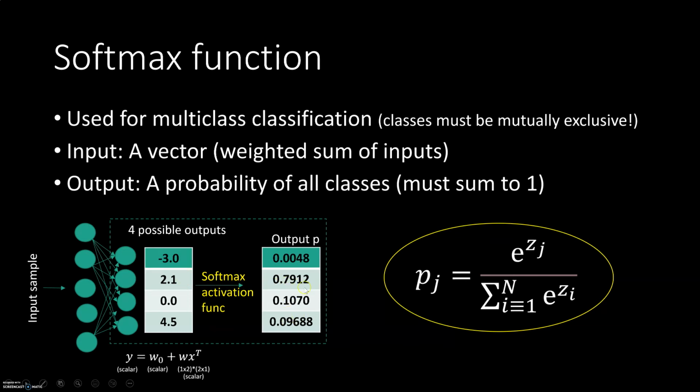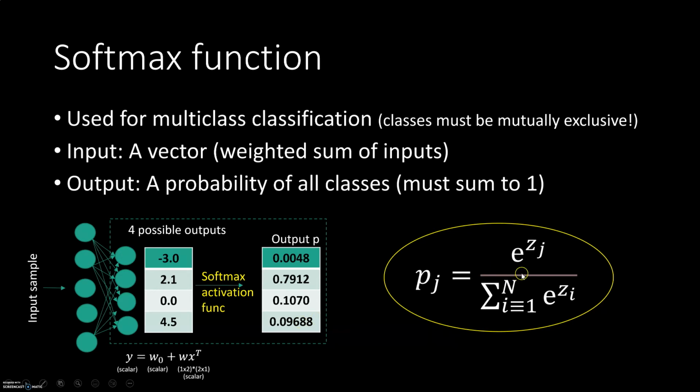So the probability is distributed amongst 4 classes, and usually we say whichever has the highest probability is the final class. So that's how we read the output of the softmax function for multi-class classification. But now let's look at the mathematical formula for the softmax function.